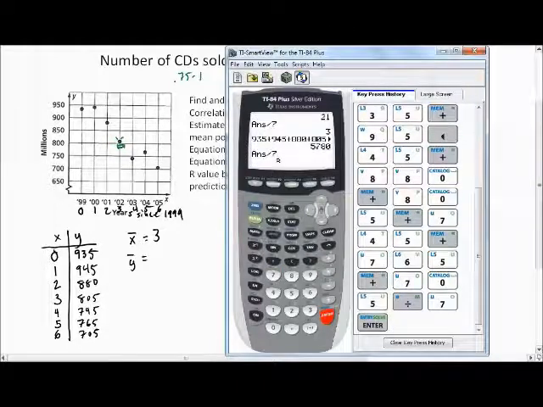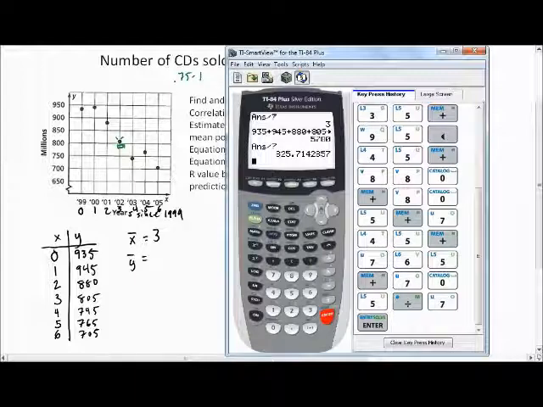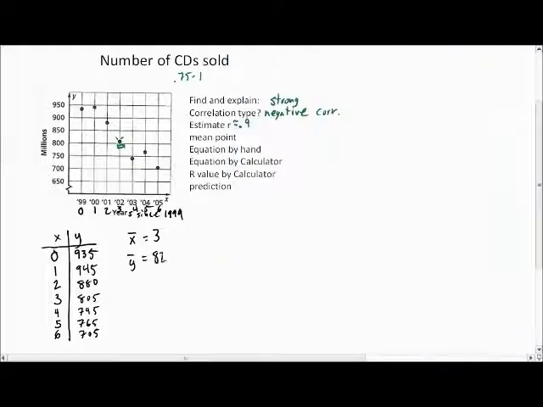There are 7. Now, we expect it to be somewhere between 935 and 705, right? So somewhere in the 800s, or maybe high 700s. It ends up being 825. But that's just kind of a check. If you get a number that's weird, then you probably typed something in wrong. Okay, so we got our mean values, which means that at 3, 825, that's our mean point.